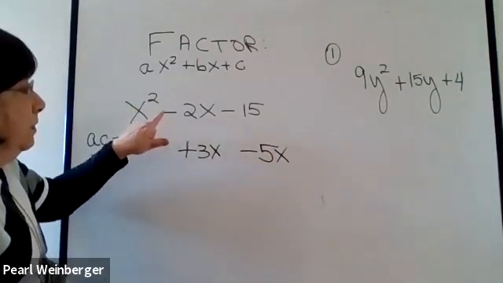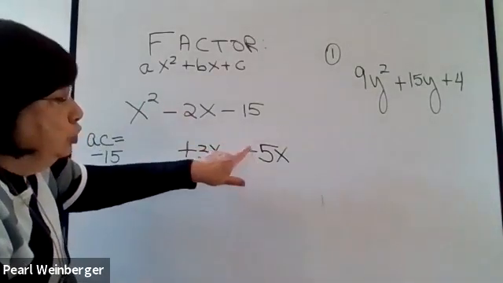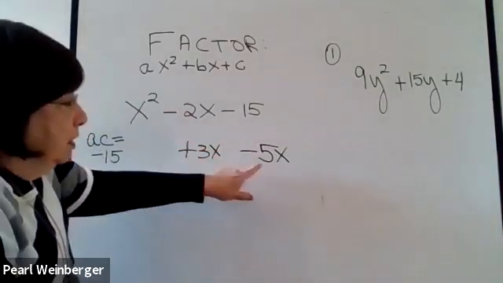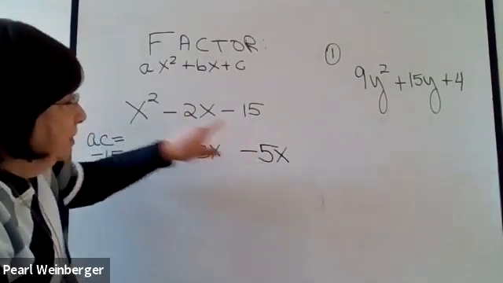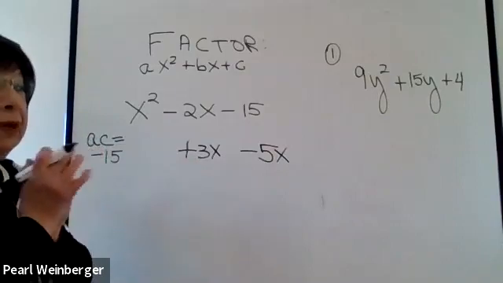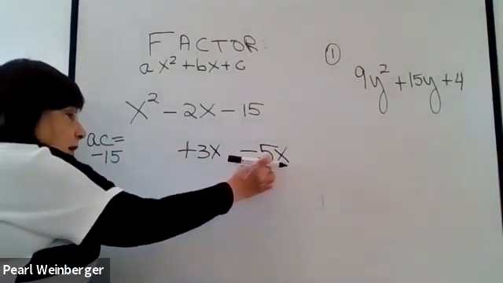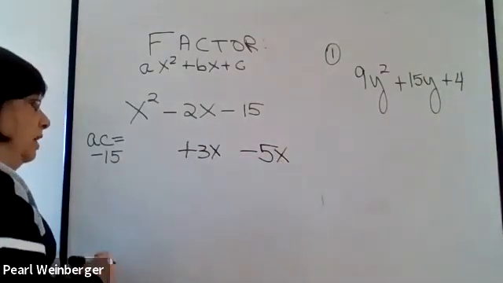The sign of the middle will tell you the sign of the larger number. Since the larger number is the 5, it has to be the negative. It doesn't matter what order it is, but the negative has to be with the larger number, which in this case is the 5.